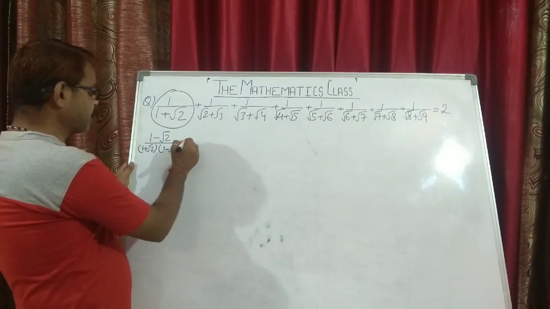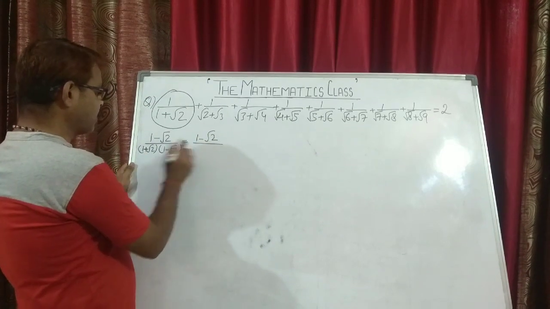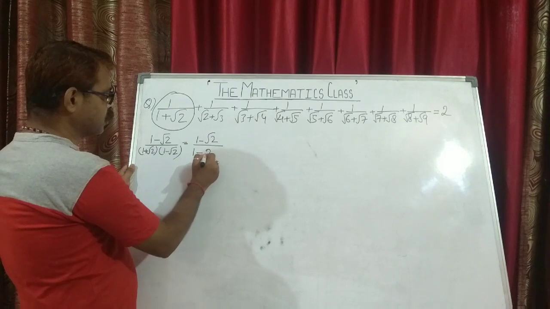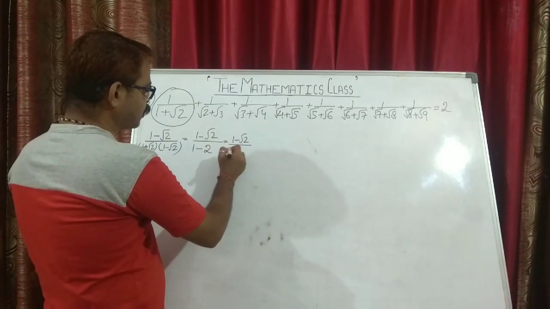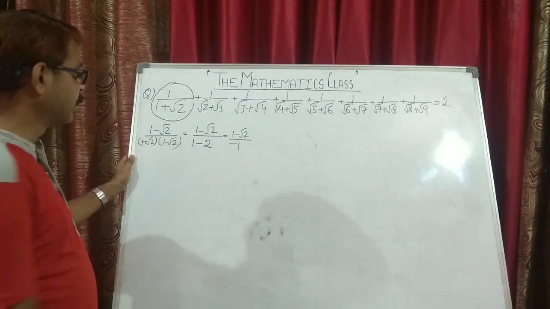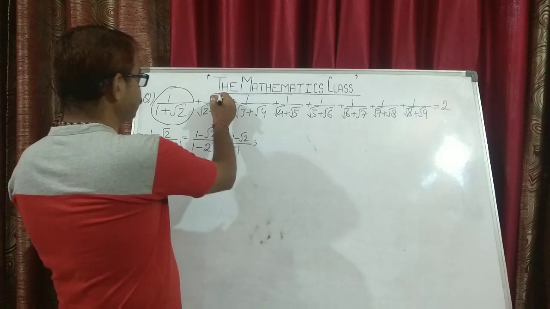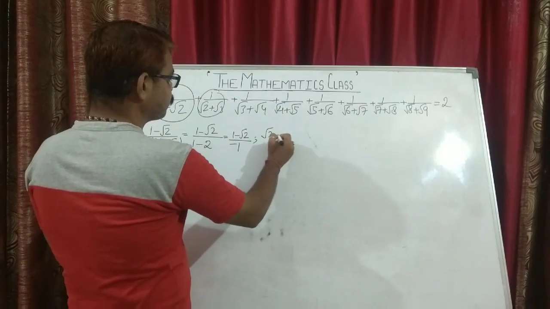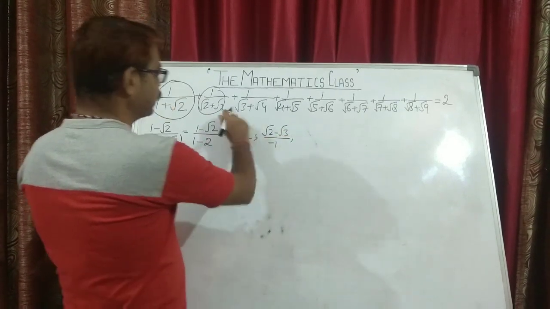Now this will become 1 minus root 2 upon 1 square is 1 and minus root 2 square is 2. So finally you are getting 1 minus root 2 upon minus 1. In the same way, in the second part you will be getting root 2 minus root 3 upon minus 1. Similarly other parts.